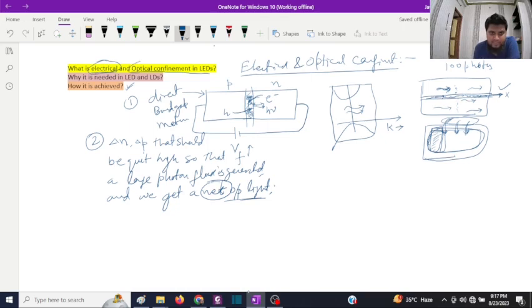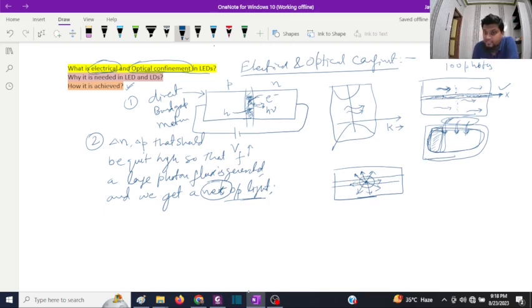Now optical confinement is related to the same concept. If light is being generated in this region, in LEDs it is spontaneous emission, and in any such material you can't predict in which direction the light will go. It is almost 360 degrees, in fact the whole solid angle, anywhere in the sphere it can go.